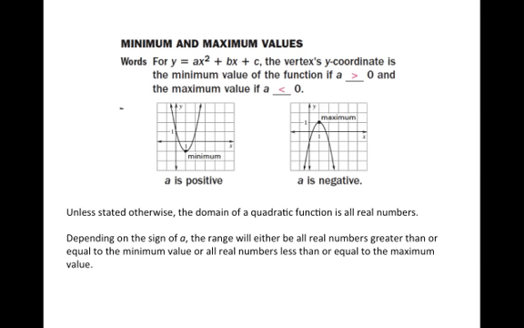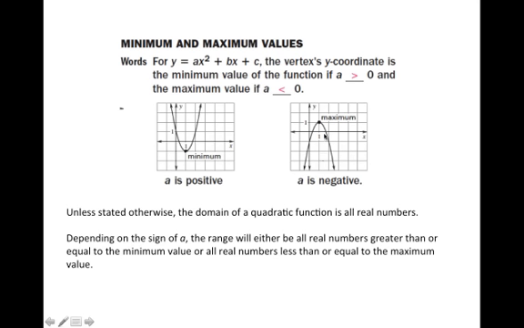Unless stated otherwise, the domain of a quadratic function is all real numbers. You can plug in anything you want for x. Depending on the sign of a, the range will either be all real numbers greater than or equal to the minimum value, or all real numbers less than or equal to the maximum value. So when you have a minimum, so when a is positive, that minimum value is going to be where your y values start and get larger.